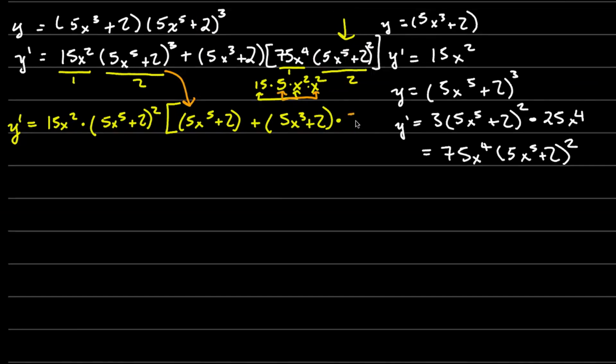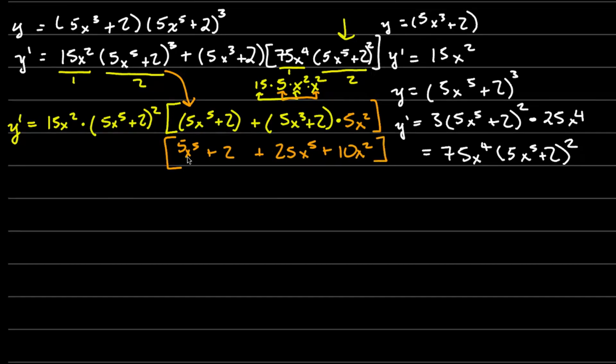So times 5x squared. And if we kind of multiply this out, we'll just have basically, let's see, 25x to the 5th plus 10x squared. And then, of course, this piece is just going to be 5x to the 5th plus 2.